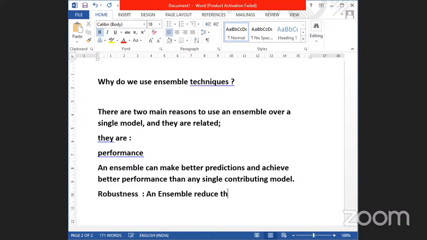Reduce the spread or dispersion. Model performance.